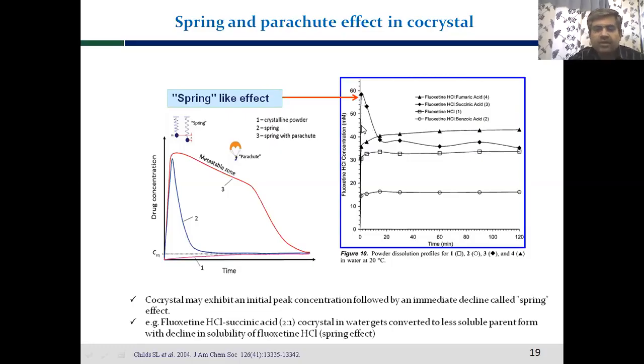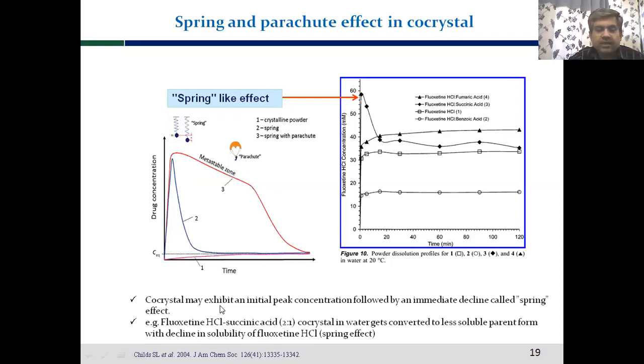Similar terminology is also used for the amorphous systems that can also show what we call as the spring effect. So in this diagram, this is the spring effect shown in the blue curve. Whereas if you have a profile like this, wherein the maximum apparent solubility is sustained over a period of time, then we call this particular effect as the parachute effect.